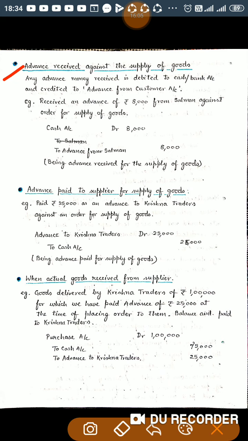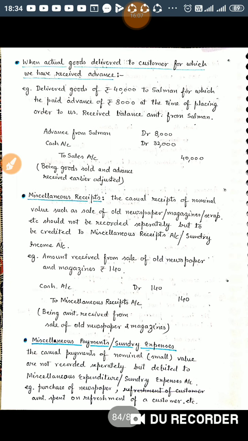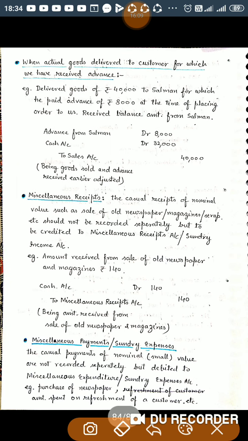So now I'm talking about when we are actually delivering those goods to the customer. I have given an example: delivered goods of rupees 40,000 to Salman, who paid an advance of rupees 8,000 at the time of placing the order, and we received the balance amount from Salman.